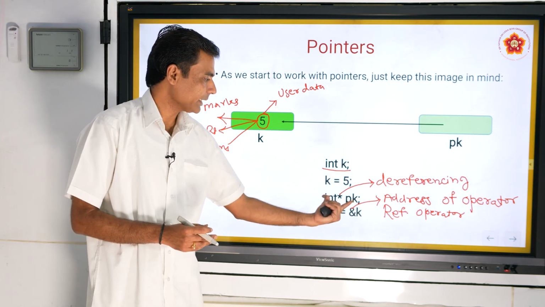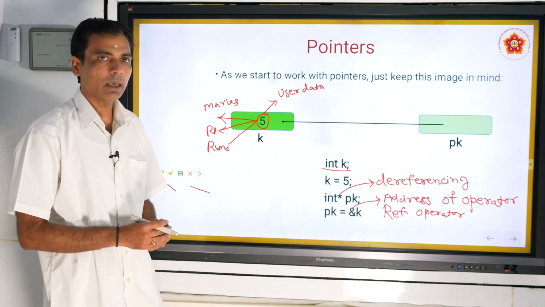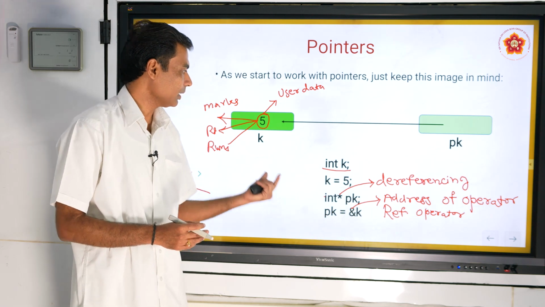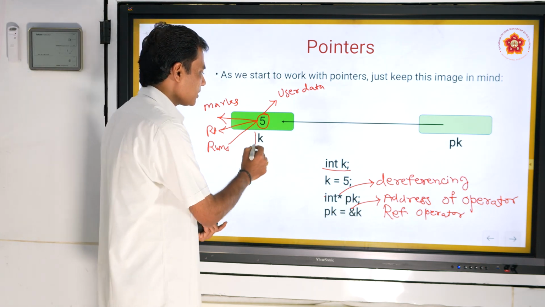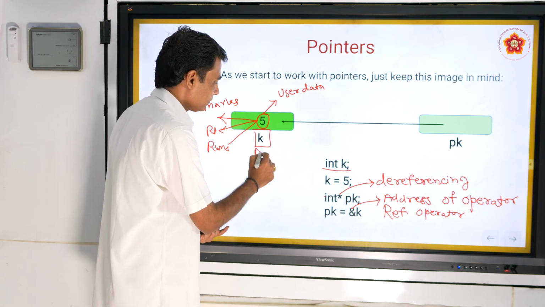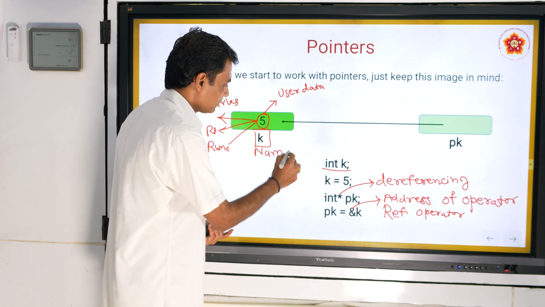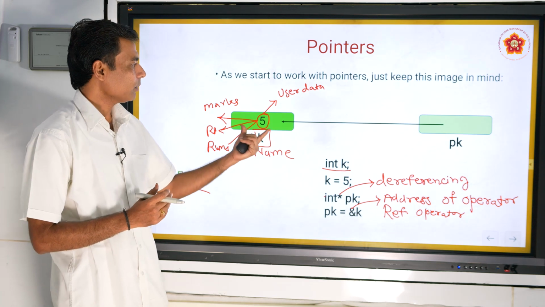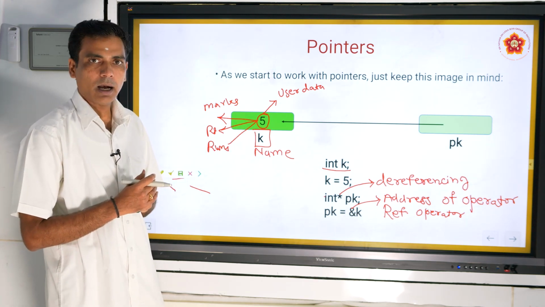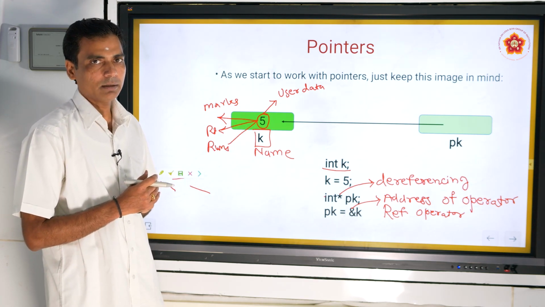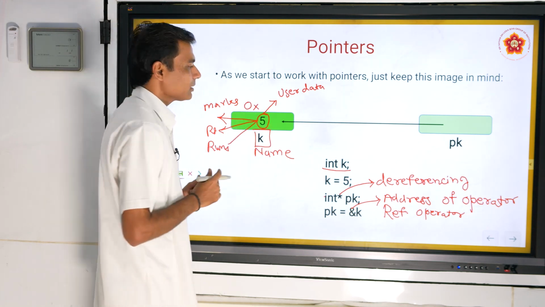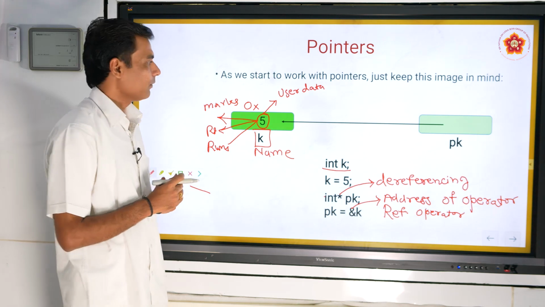Here we have declared the pointer pk and we are assigning the address of k to pk. So k is the name given to this memory location. This memory location has another identity that we call the address. These addresses are generally in hexadecimal form.